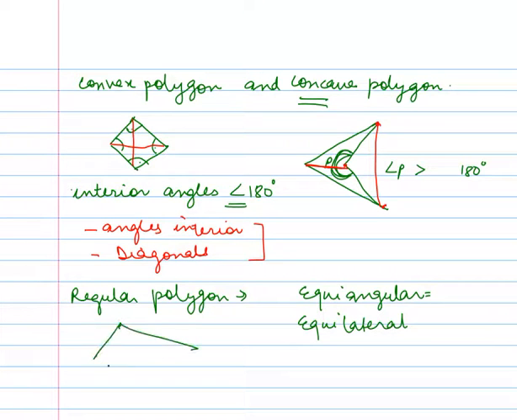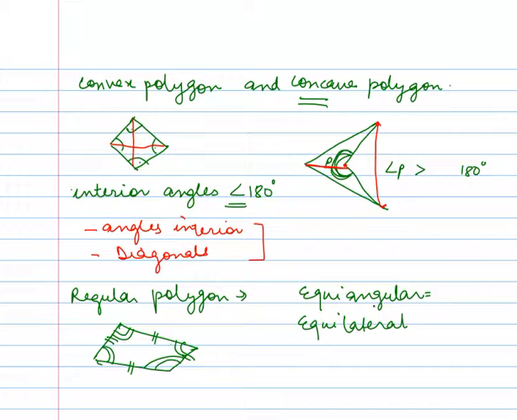Let us take this figure. If all these four angles are equal, that means it is equiangular, right? If all the sides are equal, then it is equilateral. So equiangular means all the angles are equal, equilateral means all the sides are equal. A regular polygon is a polygon having all the angles as well as all the sides equal.